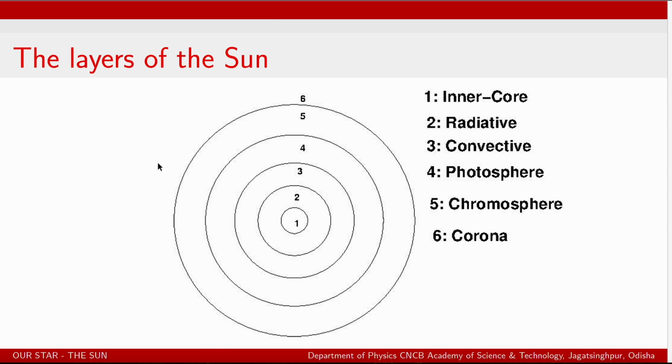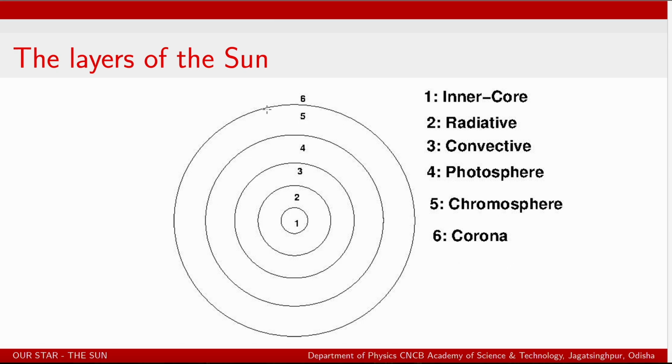We now go to the next slide. Here the layers have been shown, but in a two-dimensional fashion. The central layer, which is denoted by 1 here, is the inner core. 2 denotes the radiative layer. 3 denotes the convective layer. 4 denotes the photosphere. 5 denotes the chromosphere, and 6 denotes the corona.